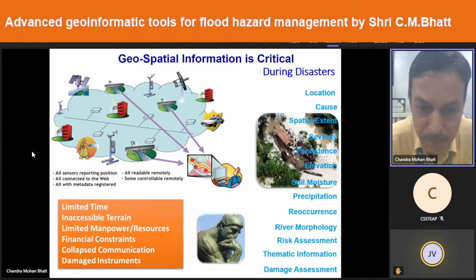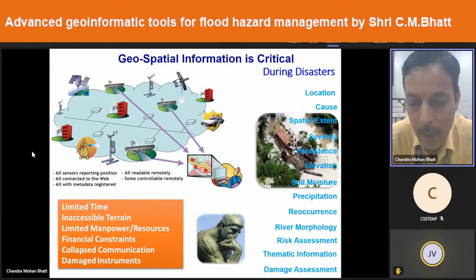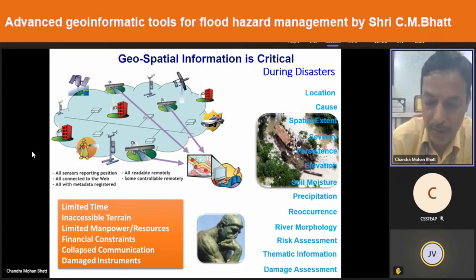And if we go by conventional means, like we were doing earlier, by sending our people or team to assess the situation, whether in times of flood or before the floods, it will take a larger time, because floods are regional, they affect larger areas, and their flooding continues for months. So it is not feasible to do the assessment or develop whatever flood mitigation strategy conventionally by sending our team onto the ground.